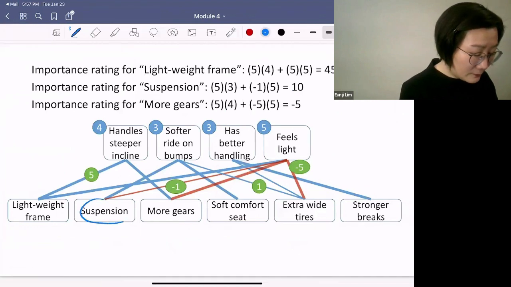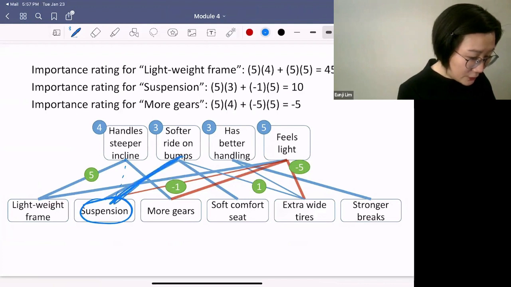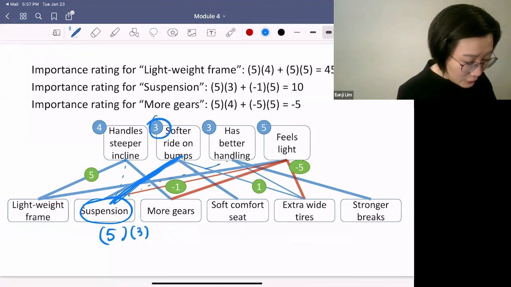For example, for suspension, this one has no relationship with this. Strong positive relationship with softer ride on bumps. So it's 5 for the link and 3 the importance rating. And no relationship with this. And this one has negative relationship with feels light.